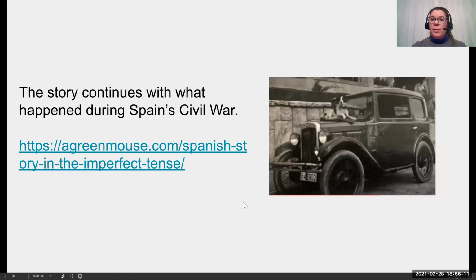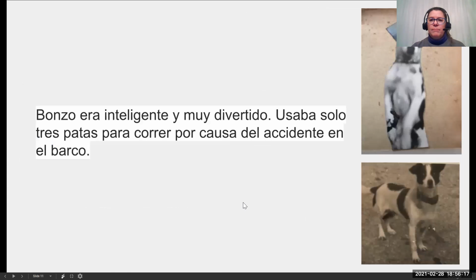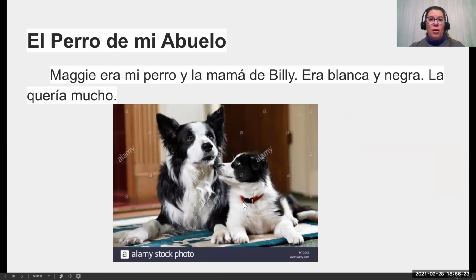Okay, so it looks like with all these black and white pictures and old style cars, old style boats, it's a picture from the past. It's dealing with a dog. Now we're going to look at the title, El perro de mi abuelo. By Spanish 2, you probably figured out the dog of my grandfather.